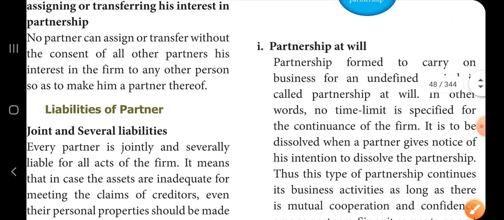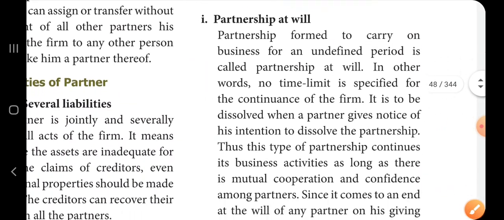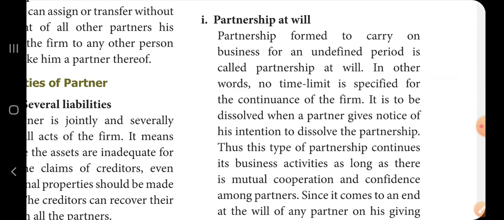Now partnership at will. If a business is formed to carry on for an indefinite period of time, the time limit is not mentioned, then it is called partnership at will.